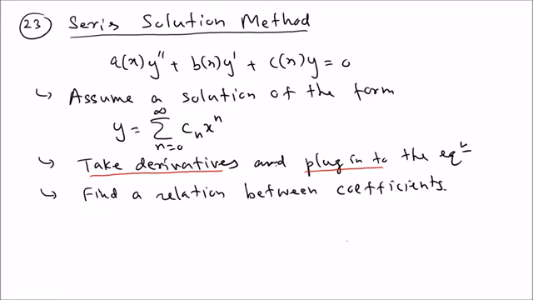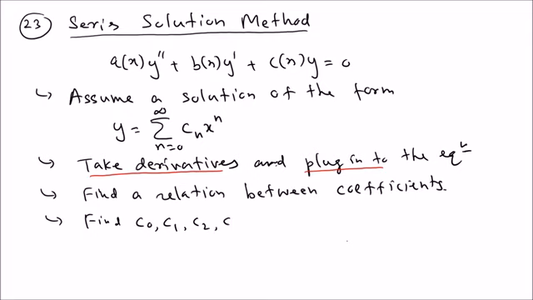That's a relation. We find a relation between the coefficients, and then we can evaluate a few coefficients. After that, we can find C naught, and then we're going to find the rest.